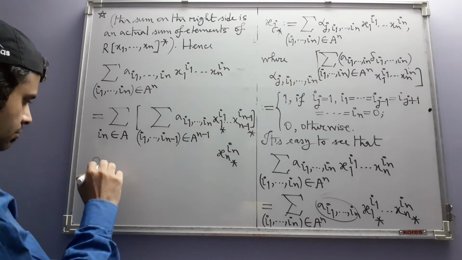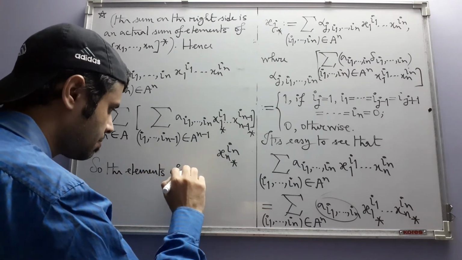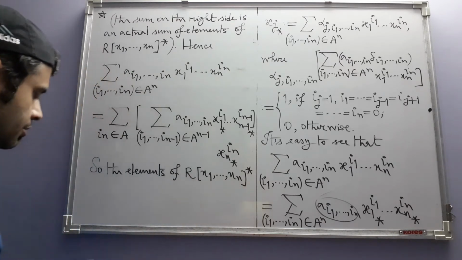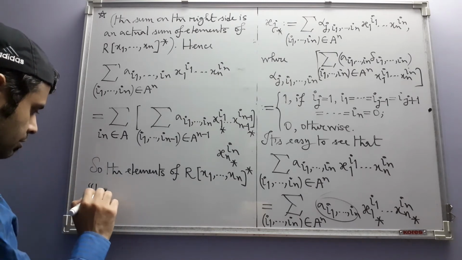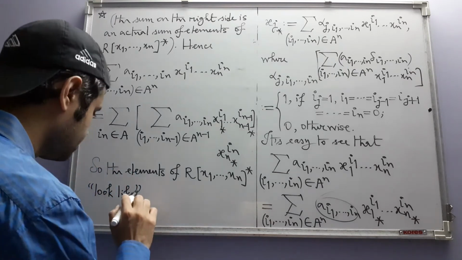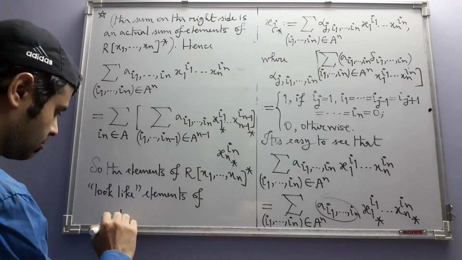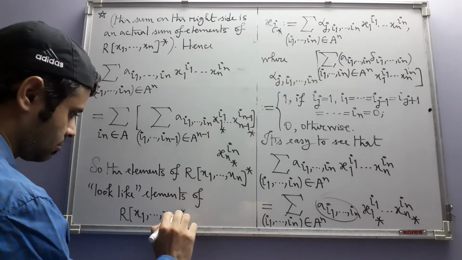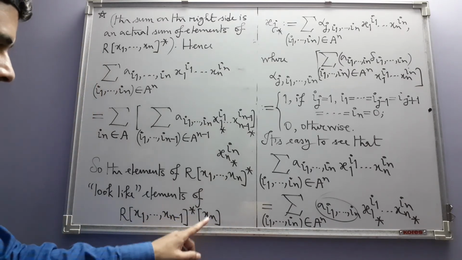So the elements of our original ring that we constructed can be thought of, or look like, elements of this: a polynomial in xn.